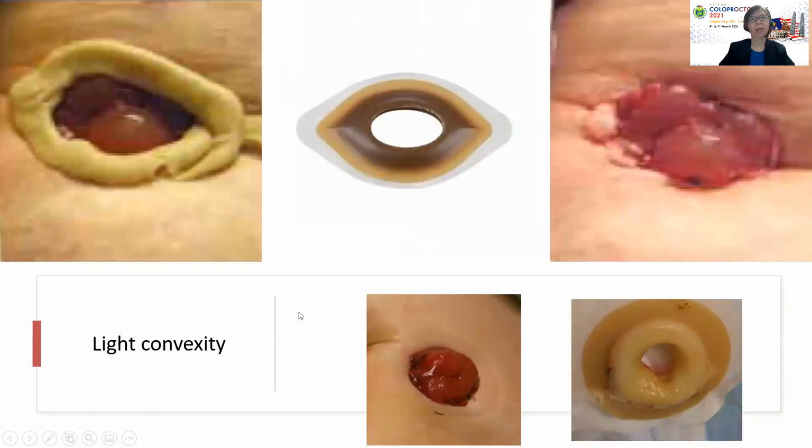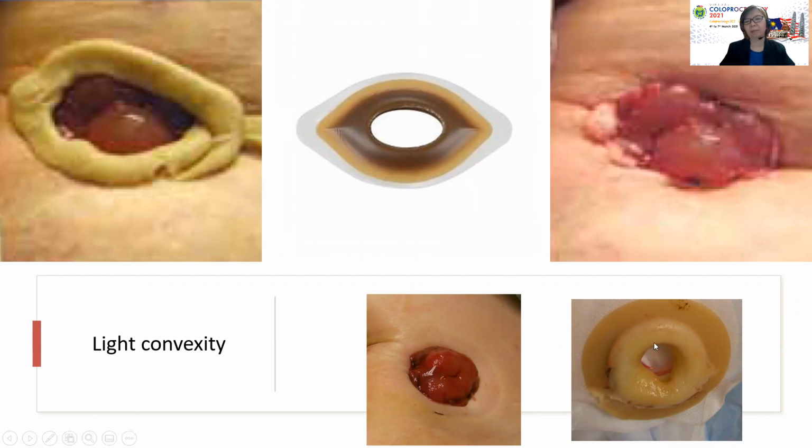Okay, now sometimes the patient may not have very deep skin folds, or maybe not so retracted. You can use something to replace the light convexity. Besides using the convex appliances, you can use the barrier seal, or you can use a barrier ring. You can even sometimes use some paste to level up, and that will give you some light convexity.